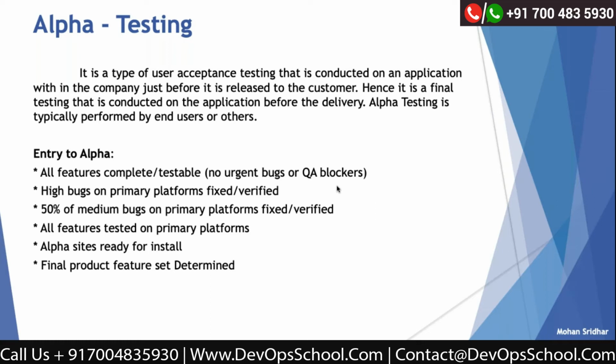In alpha testing, before we release it to the customer, it is a type of user acceptance testing conducted on an application within the company just before it is released to the customer. So we will do one round of testing before releasing, and hence it is a final testing. This is conducted on the application before the delivery.